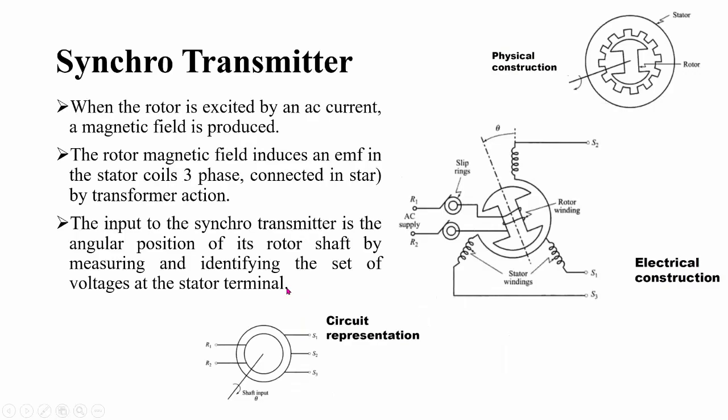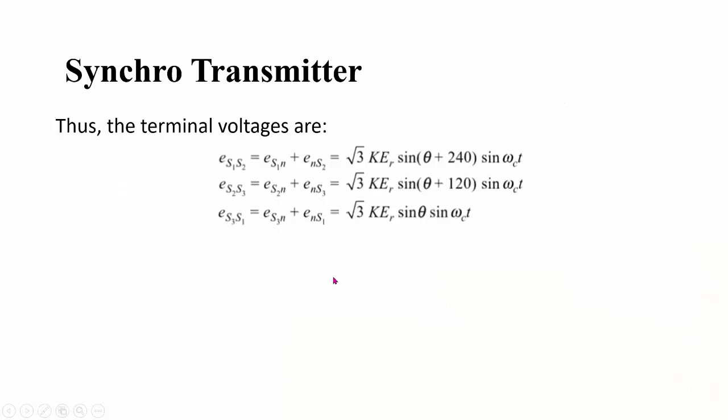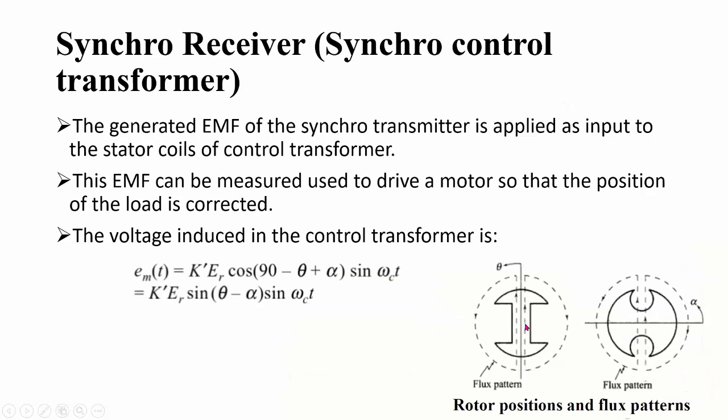So this is what is shown over here. You have a flux pattern in this manner at the transmitter side. If you connect the receiver with the transmitter stator, the same flux pattern will exist at the receiver side. So you will always have the same flux.